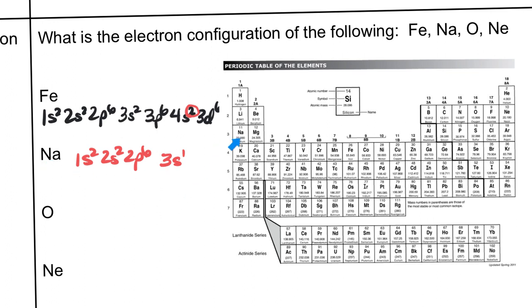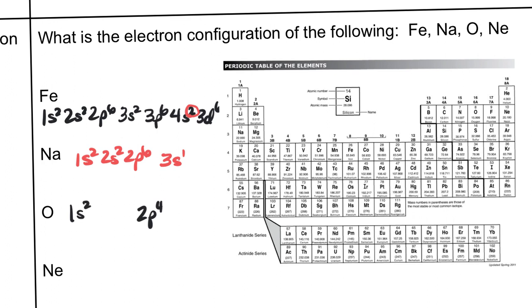For oxygen, oxygen is located right over here. It's in the second orbital, in the p group, 2p1, 2, 3, 4. So it ends in 2p4. Let's get that configuration here. That'll be 2p4. If we go down the beginning, there'll be 1s2, so we'll write that down.